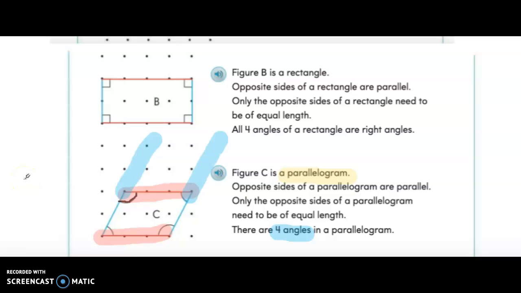That really is the only difference between a parallelogram and a rectangle. If they have those opposite sides being of equal length and they are both parallel, you are good to go, but you just have to look at those angles in order to compare these two.